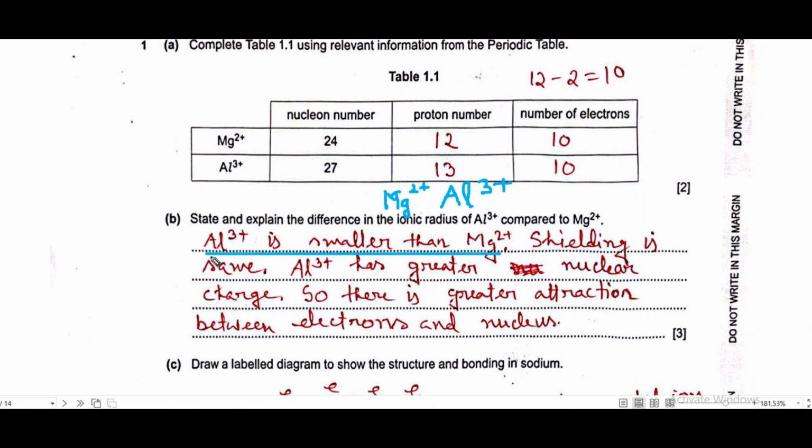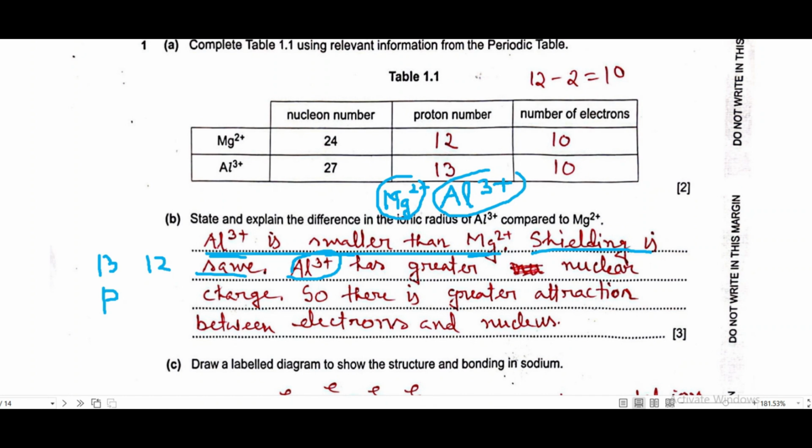So aluminum ion is smaller than magnesium ion. This is because magnesium ion has 2 electron shells, aluminum ion also has 2 electron shells, so shielding is the same as the shell number is the same. But aluminum ion has 13 protons in the nucleus and magnesium ion has 12 protons.